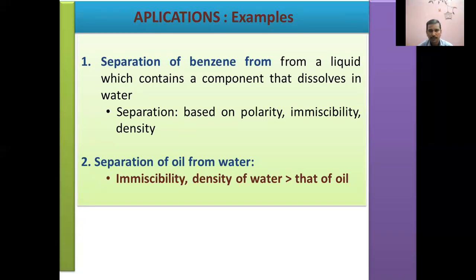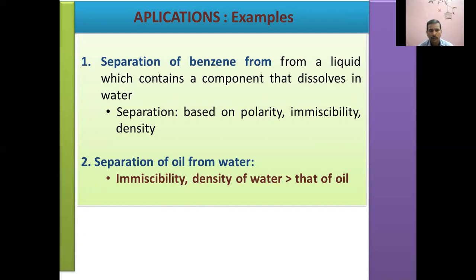So benzene has been separated from that liquid, which has been transferred into water. Benzene and water are two different liquids. One will be organic and the other aqueous. Benzene has lower density and water has higher density. So water will be used to procure the other liquid present.